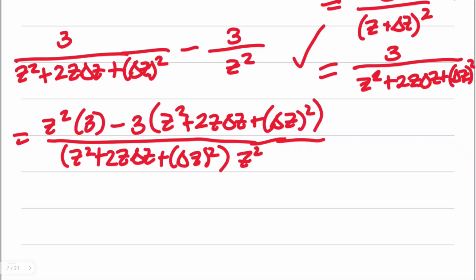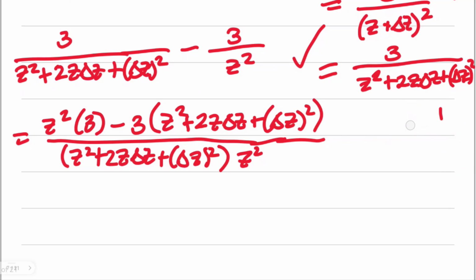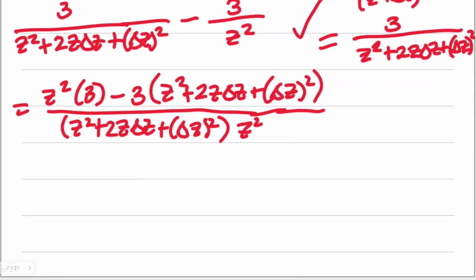Just like if you have 1/3 minus 1/2, 2 times 3 is 6. So you have 3 times 1 minus 1 times 2, right? They are being multiplied to the numerator. Same thing here. We are multiplying them. Let's combine the numerator, and together with that also simplify the denominator.